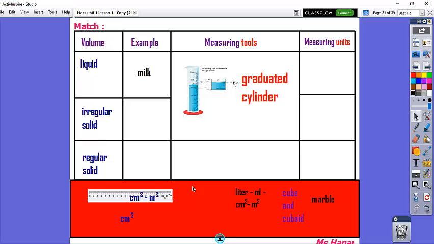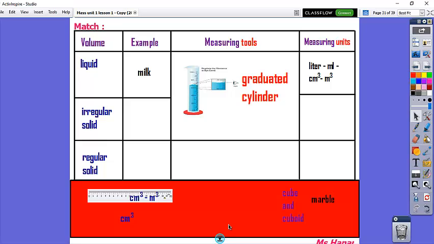And in units, you choose what? Liter, milliliter, cubic centimeter, and cubic meter. Bravo, we choose the last one.